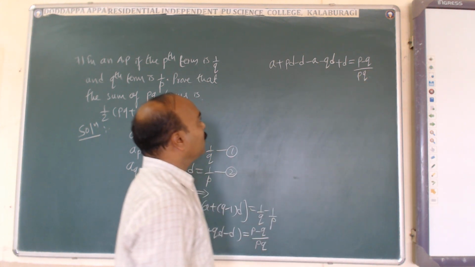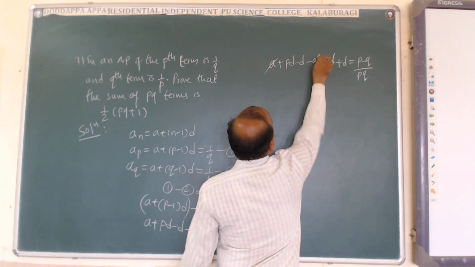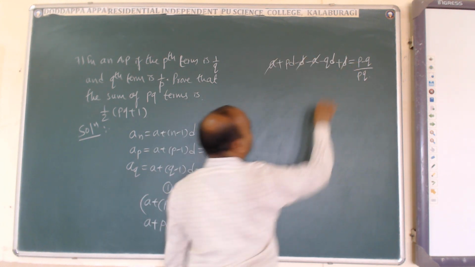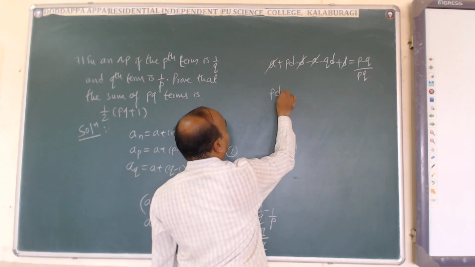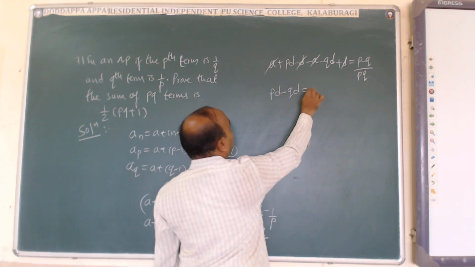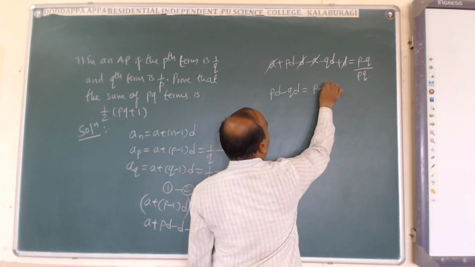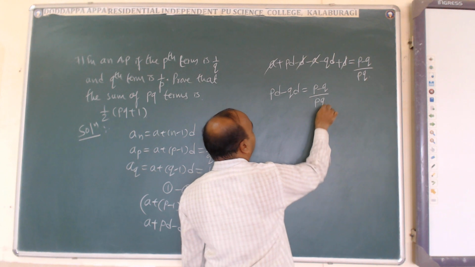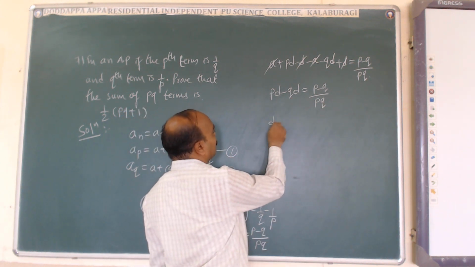This stuff we got. Next, plus a minus a cancel, minus d plus d cancel. What remains here? pd minus qd. It is the left hand side. Right hand side we get p minus q divided by pq. Now what is common here? d is common.